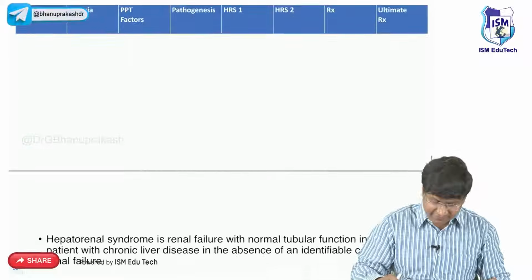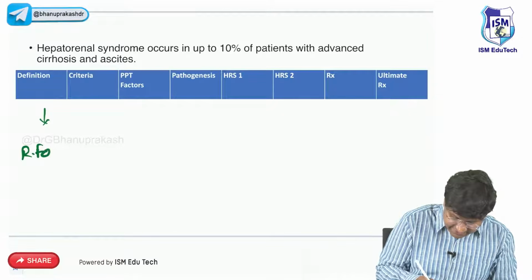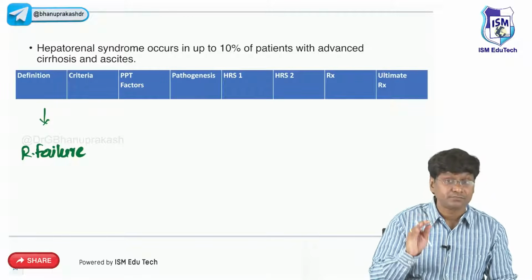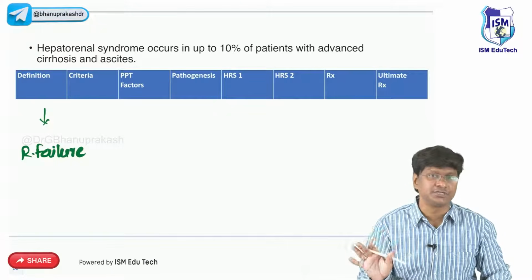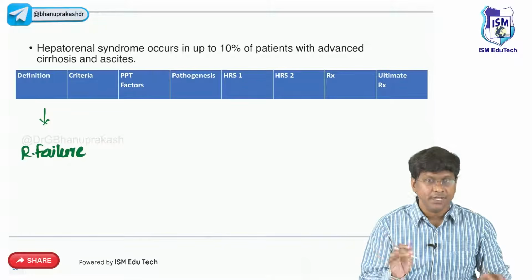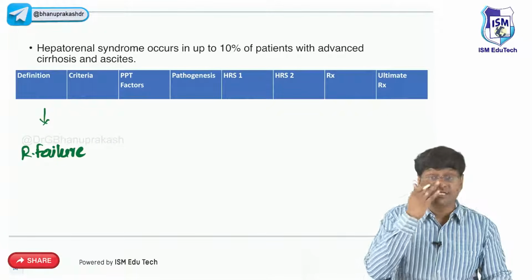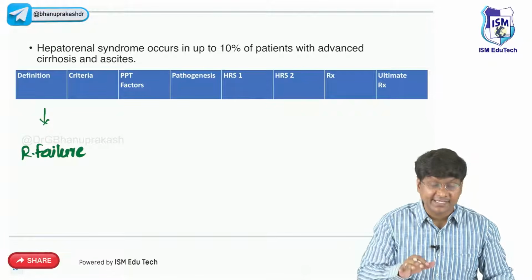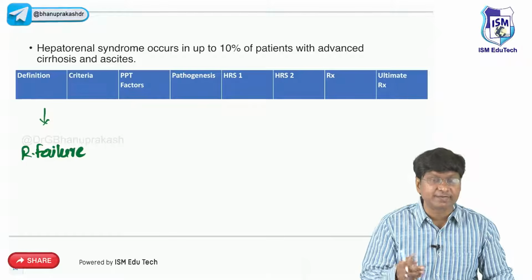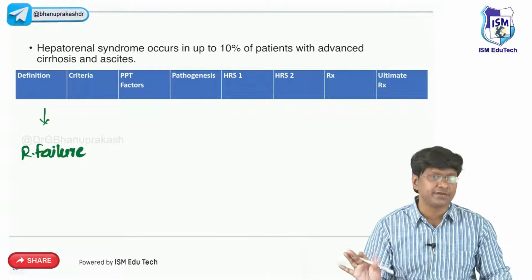The criterion is the development of renal failure with normal tubular function of the kidney. And if you do histology, these kidneys are absolutely normal. The renal failure that develops is a functional renal failure.